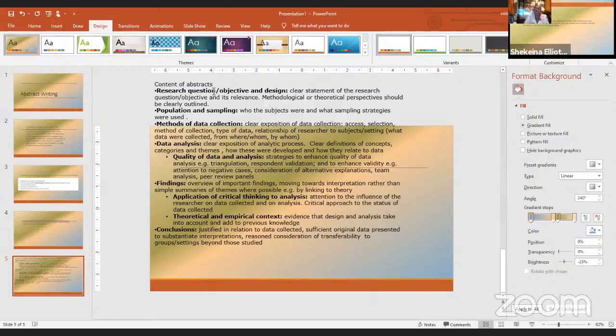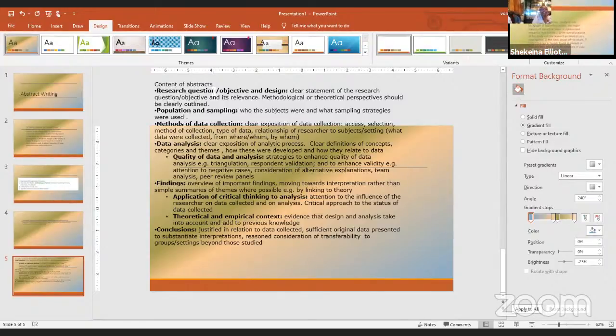Look at your study in context of theoretical application and empirical application. So you're focusing on the overall design, and you give a good account of previous knowledge of the study, and your conclusion.